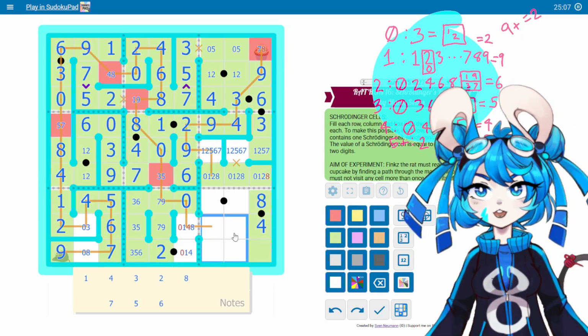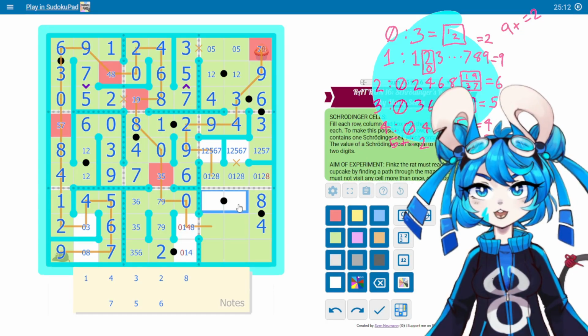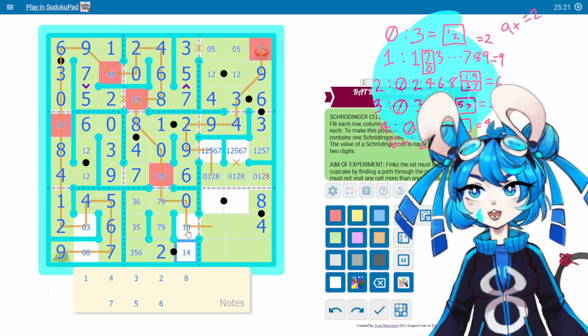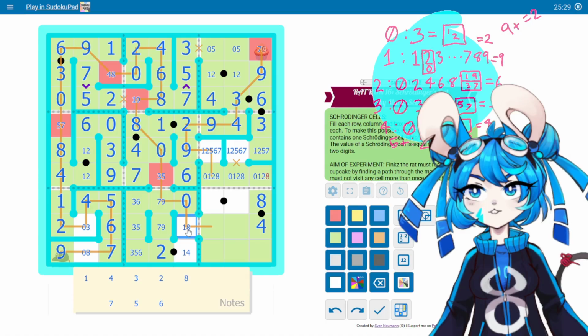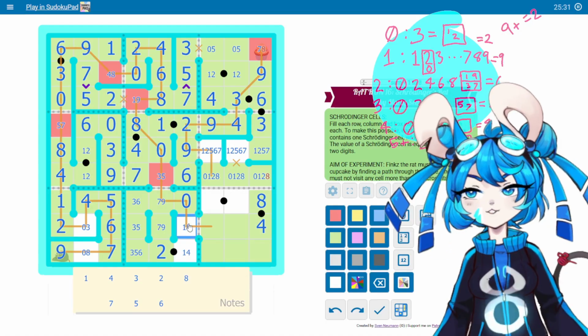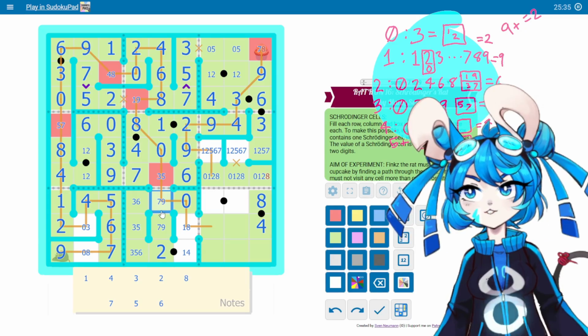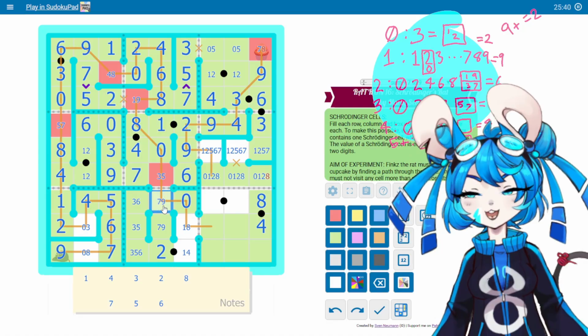These two are vanilla, meaning the last Schrodinger cell has to be up here. The 8 has to go in this cell, but one of these two is going to be the Schrodinger, and it's going to have to be... Actually, yeah. So there's a couple different ways we can solve this. One is that we have a difference of 0 already, meaning this has to be 9.